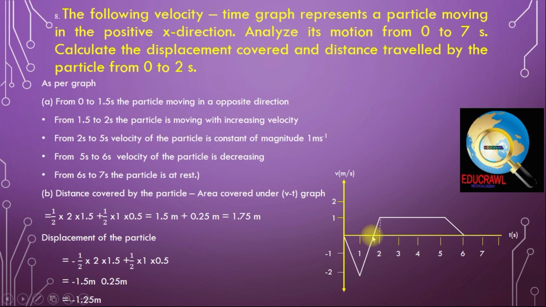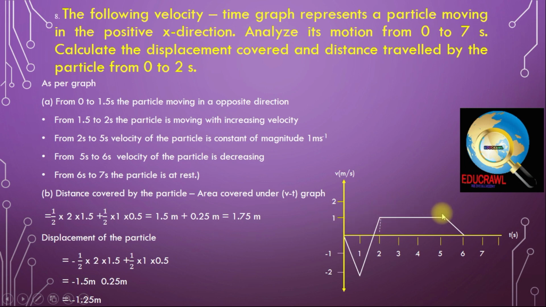After 1.5 to 2, if you see my pointer, the particle is moving with an increasing velocity. Next, see from 2 to 5. From 2 to 5, the velocity is constant and you can easily find the value. At what value is it constant? See the corresponding y-axis, the velocity value is 1 meter per second.